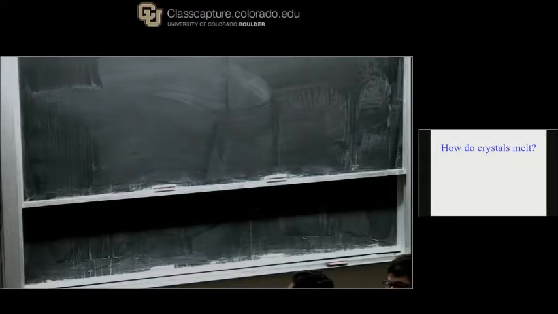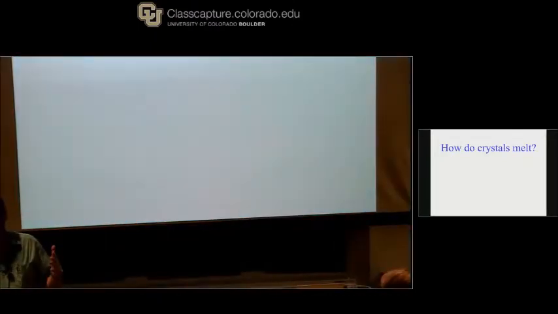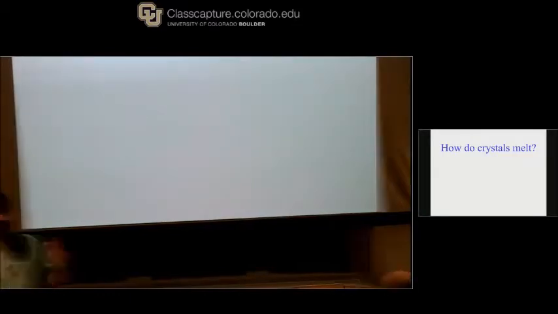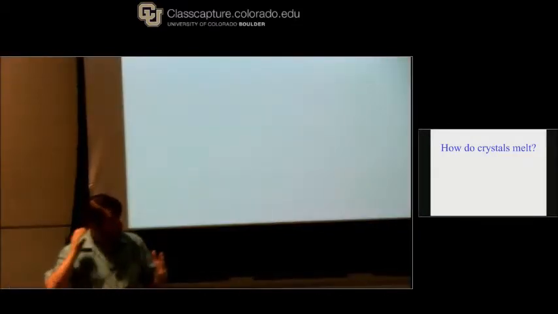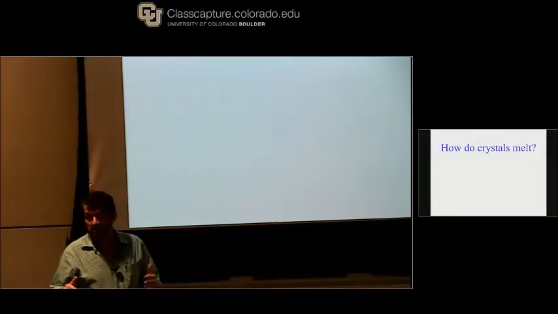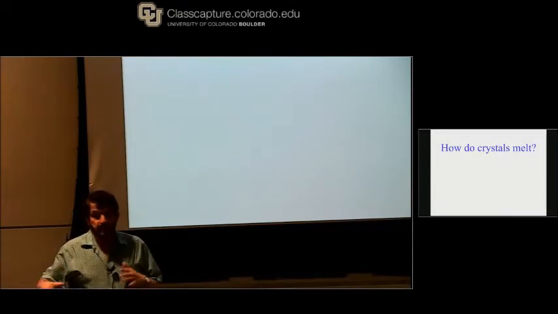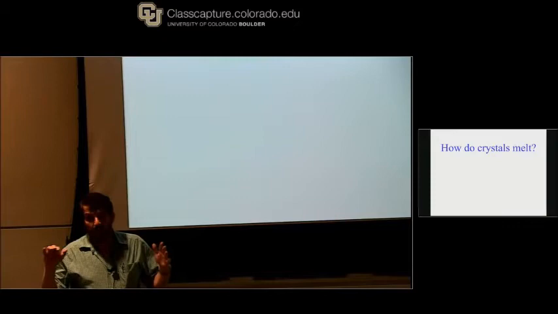So I have a colleague, Franz Spaepen, who is one of the real pioneers in understanding glasses, metallic glasses, traditional glass transitions. This goes way back before all the fancy theories that we talk about now. It's just the free volume theory. He was really a big proponent of that.